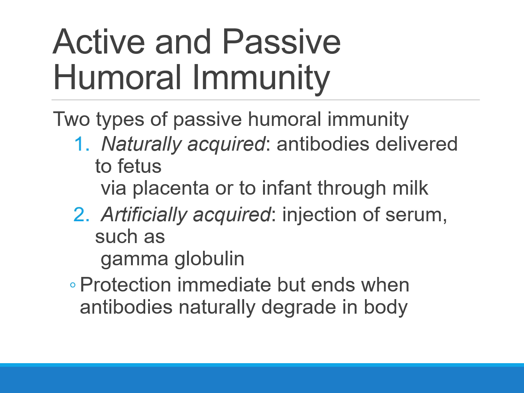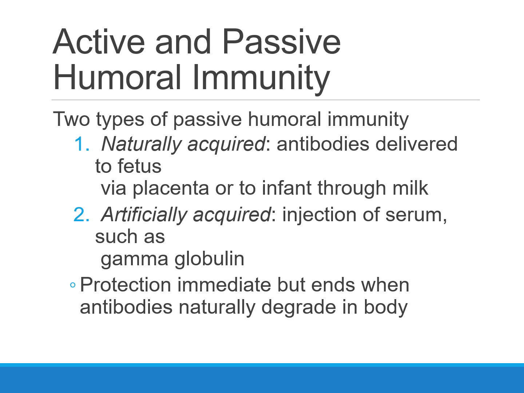And in that 6 weeks, it could do a lot of damage. And so we give you, through a gamma globulin shot, the antibodies to bridge the gap until you make them yourself. So that's what artificially acquired passive immunity is. It means that we've given them to you, but realize that the protection ends when the antibodies are naturally degraded in the body.